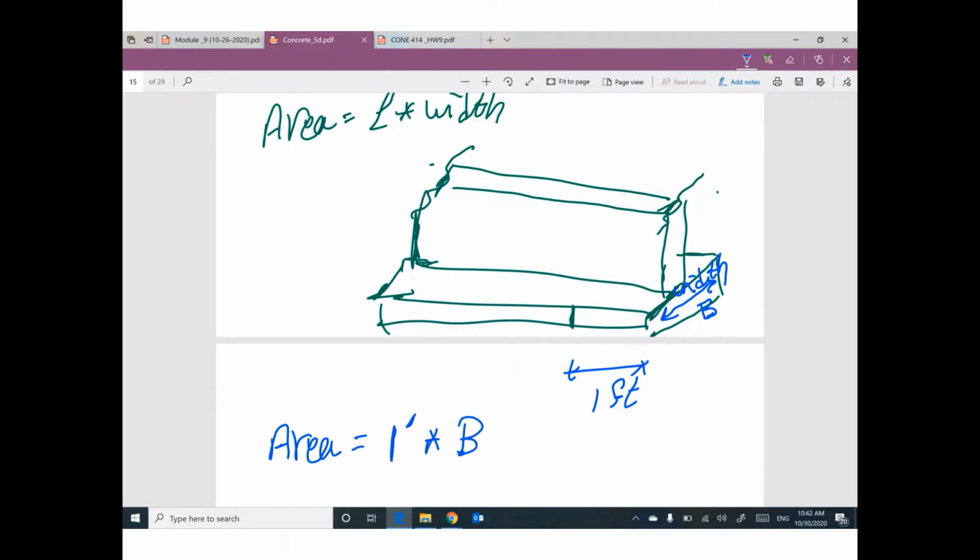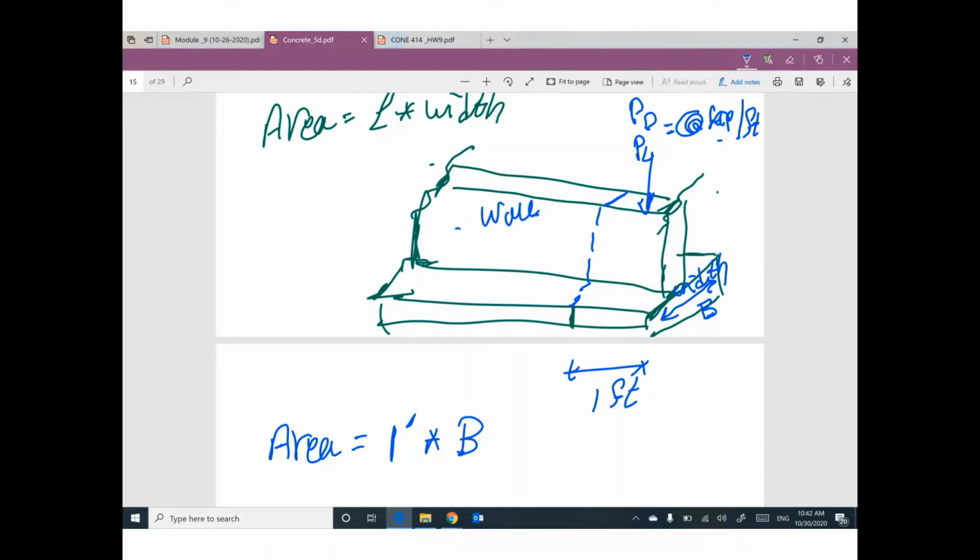And also the given load, dead load and live load, will be in kips per foot. If your given load is in kips per foot, that means the wall has infinite length.